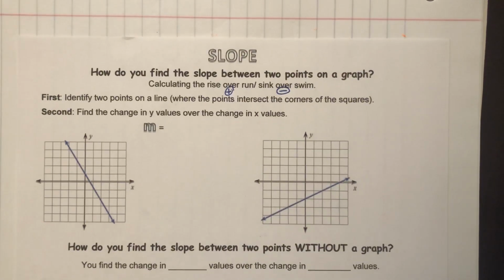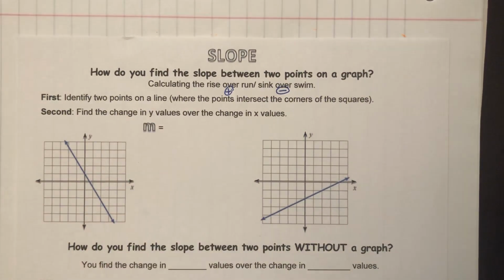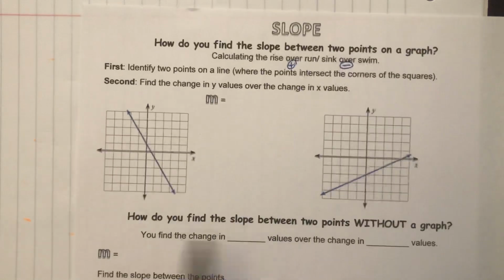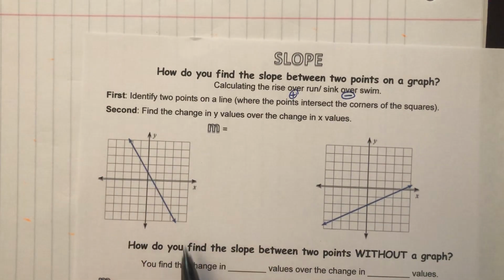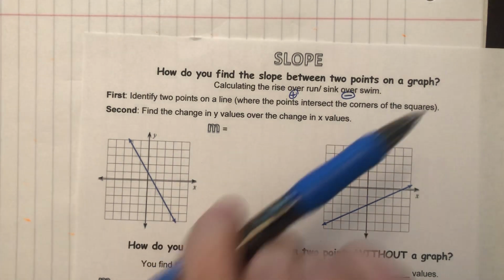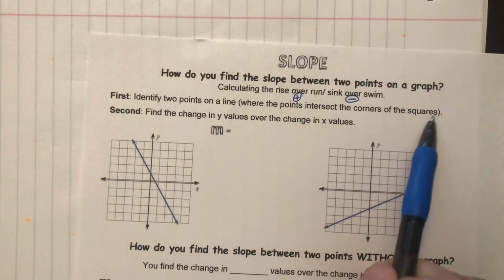So you do this by first identifying 2 points on the line. You're looking for whole numbers, where the corners of the squares intersect. You want positive integers here. All right, so if I'm looking at this graph right here, I need to find positive integers, where the line intersects the corners of the squares.